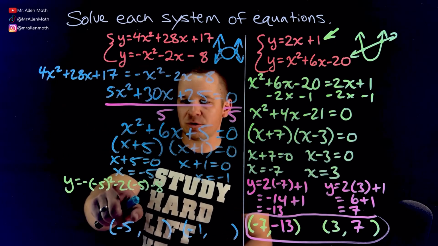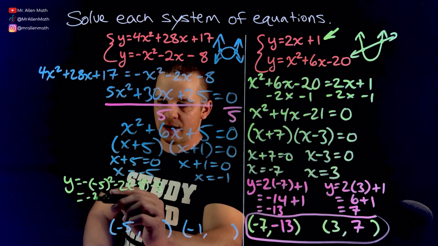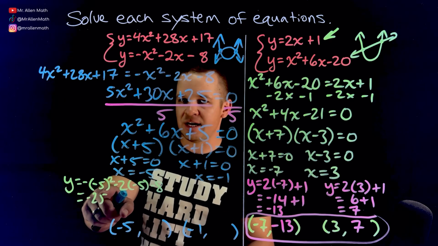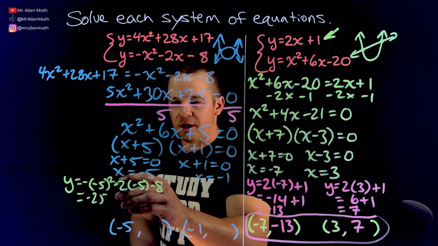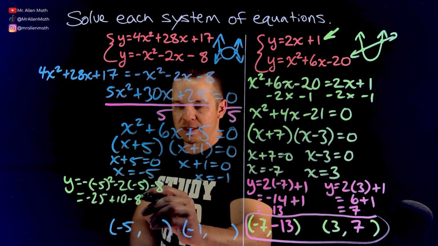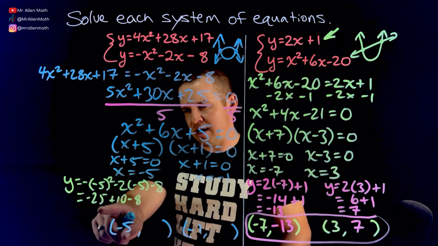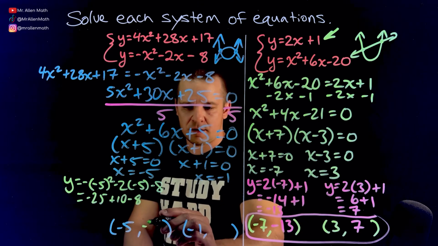This is negative 5 squared, which is 25, but it's still negative. So negative 25. Don't do negative times negative is positive; that is not correct. Then negative 2 times negative 5 is positive 10, and then minus 8. So negative 15 minus 8 is negative 23.